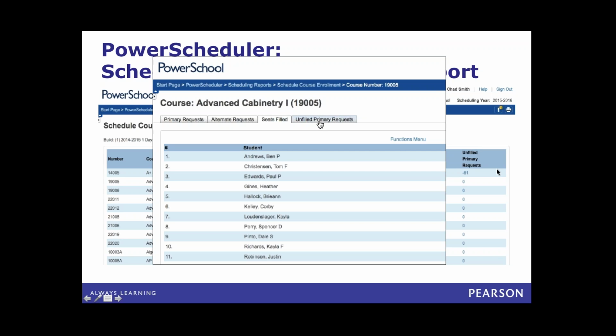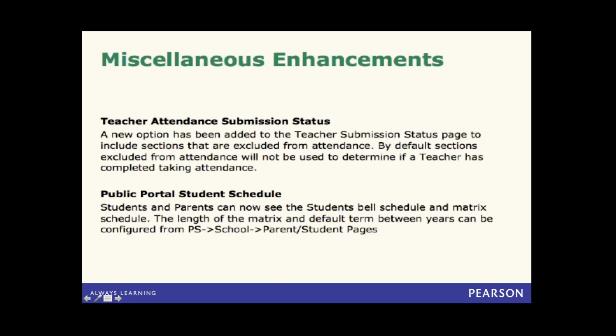Notice it's also tabbed across, so you don't have to close the screen and go back to the primary requests or alternate requests. They're right here through tabs. And notice right over here, I don't know if you can see my pointer, there's the functions menu. So for this group of students, maybe we need to change some course selections for them, and we can have access to the functions menu right here.